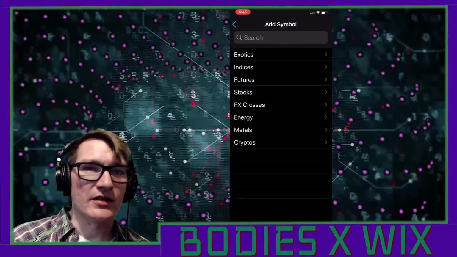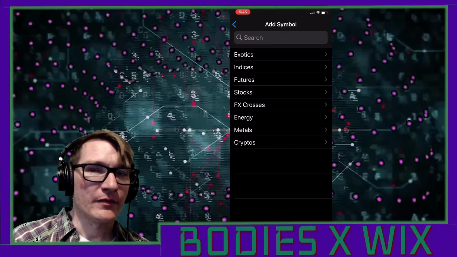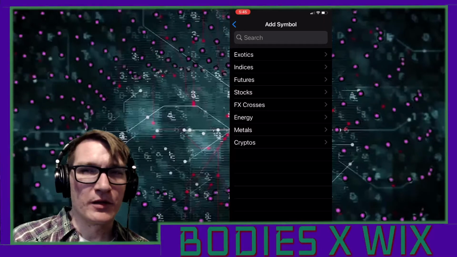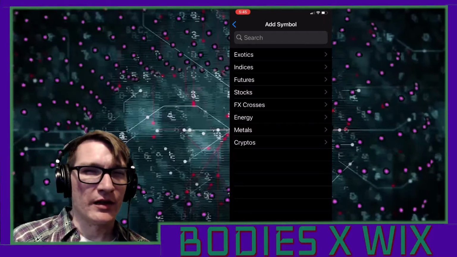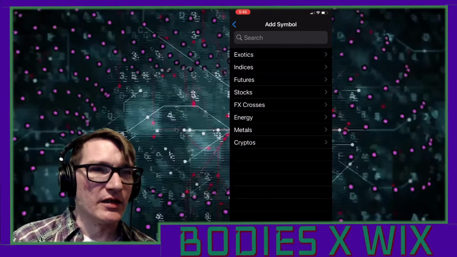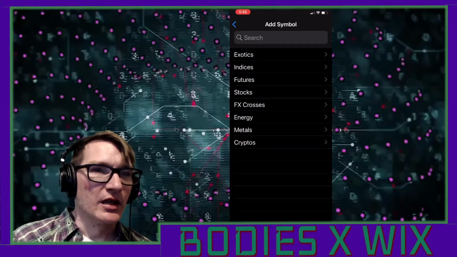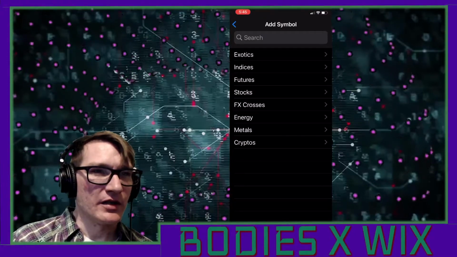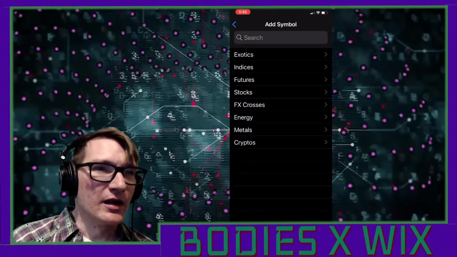It also has the German one, I think it's called the DAX 30. It's called something else in here though. The German 30. It also has the FTSE, but in here it's called something else.